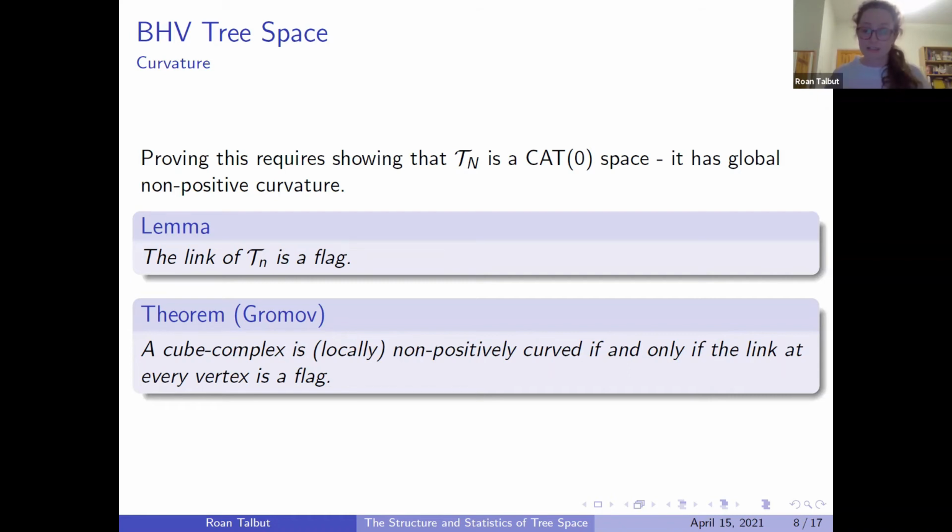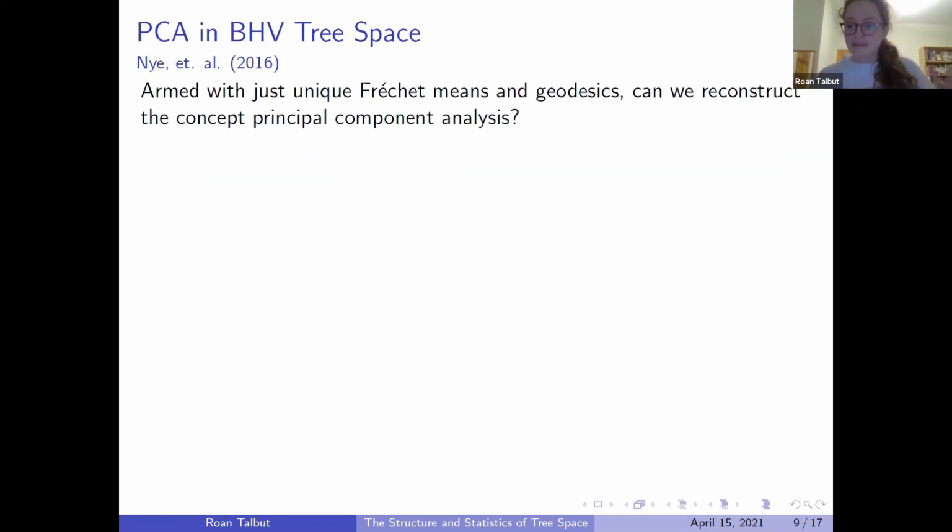If that condition is true, then we have a flag. This combinatorial condition is enough to show that we have non-positive curvature, which is quite nice. So if that is of interest to you, it's quite cool that that just pops up. But that's basically how we can show that these things are unique. Given that they are, what kind of stats can we do?